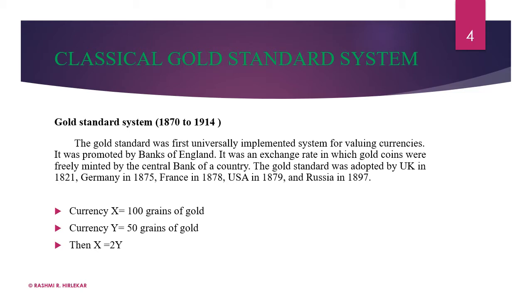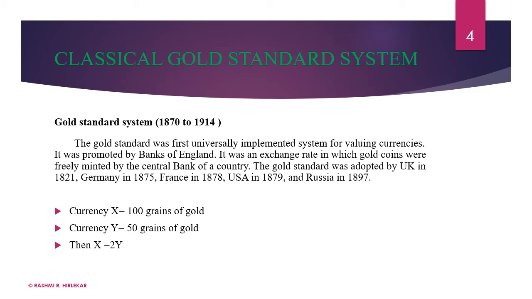However, intra-country transactions were still made in gold. If there was any imbalance in market value of a currency in terms of another, the action of market participants restored equilibrium by using concept of gold points.